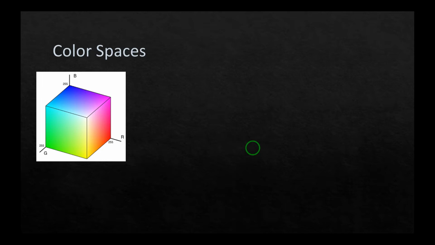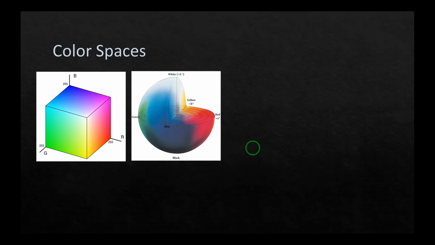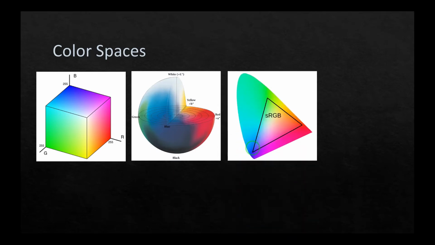There are other more standard color spaces such as CIEXYZ, CIELAB, and sRGB, which is also RGB. sRGB is a standard version of RGB. All the color space values in these color spaces consist of three variables.